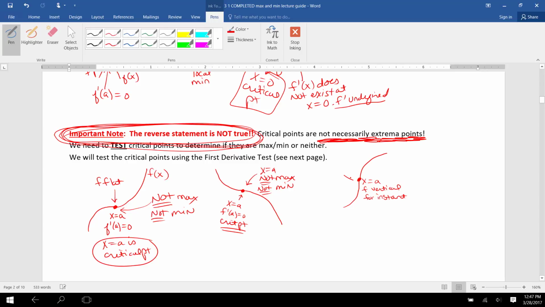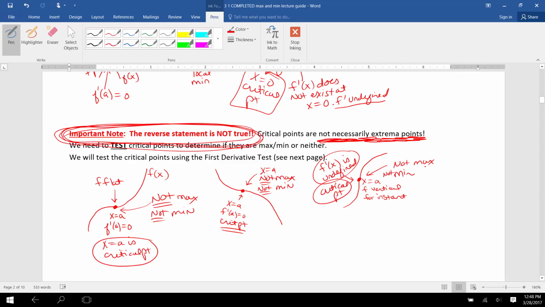At this instant, f prime of x is undefined. So again, this is a critical point. But again, clearly, it's not a max, it's not a min. So it's a critical point that's not a max or min.